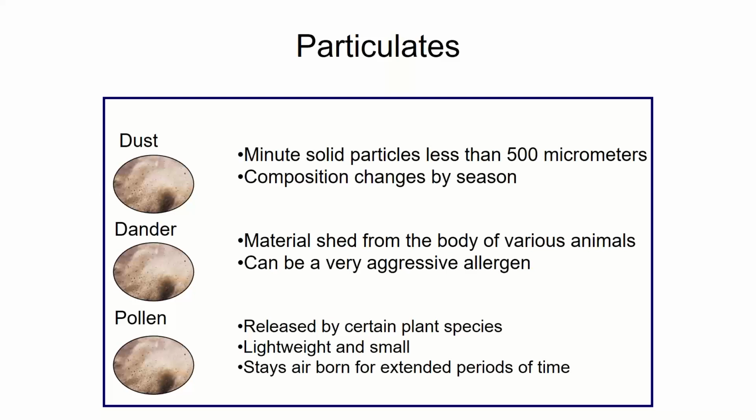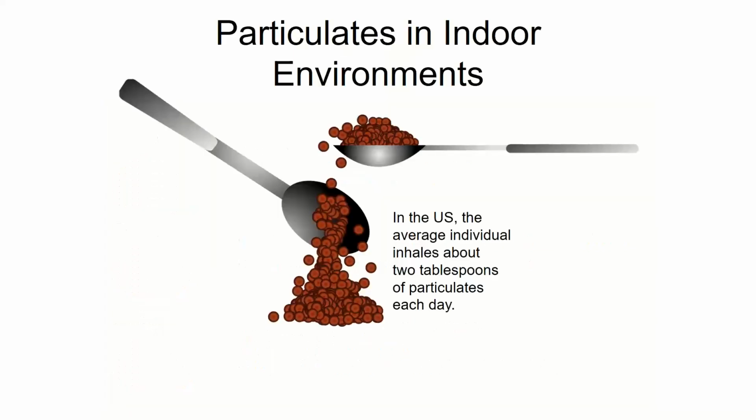And then we have pollen, which usually is coming from the outdoor side of the building. But if you have plants inside, you could be generating pollen as well. But normally it's being sucked in from outside because you're not doing a good job filtering that as it comes in. Good job you got fresh air from outside, but you didn't do a good job of getting the pollen out of it. So those are our 3 major categories: dust, dander, and pollen.